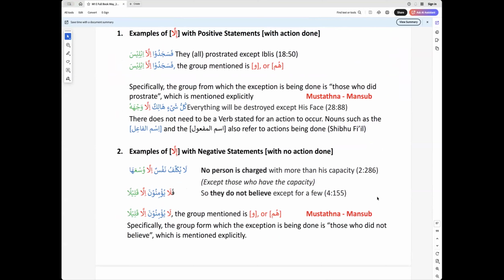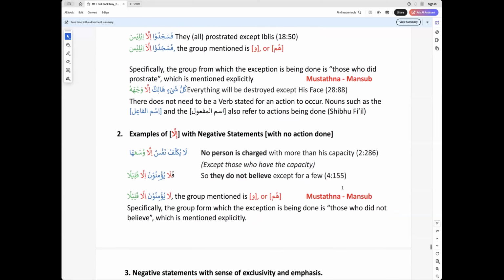La yukallifu nafsun illa wus'aha. Okay, wus'aha, nasab. Okay, clear? Fala yu'minuna illa qalilan. Qalilan, mansub. Negative statement, action not completed. Okay, so done. And the next one, last one, what's that?